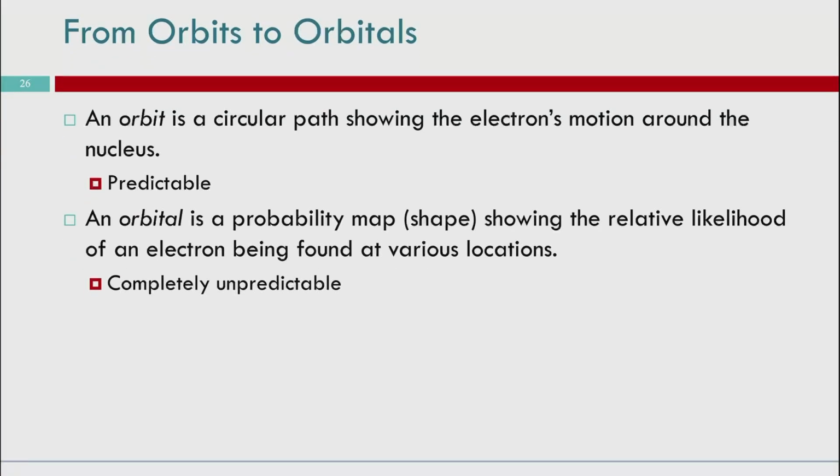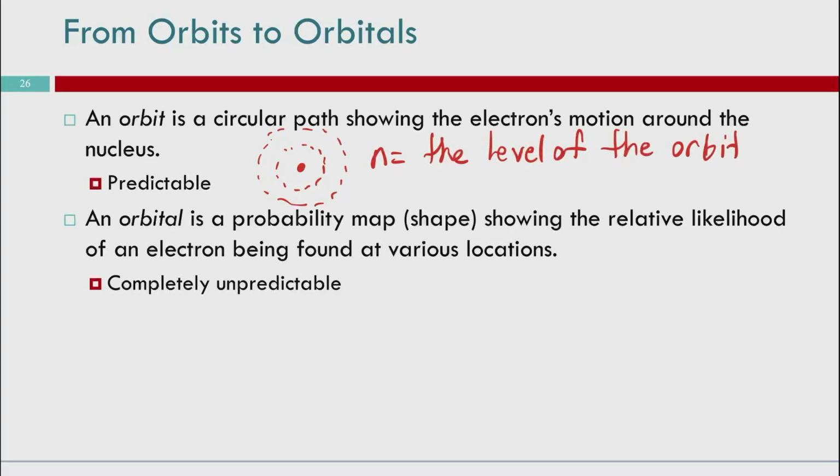So that change from orbits, with Bohr, we had our nucleus, and we had our little tracks, our n equals 1, n equals 2, n equals 3, etc. And with quantum mechanics, we have an orbital and its shape.